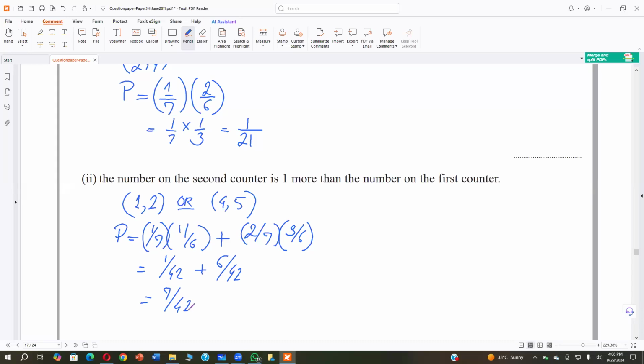I'm getting 7 upon 42. You can check it and tell me what you are getting and what would be the simplified answer. It's the same as 1 upon 6, so I got the same. Right, 1 upon 6. Very good.